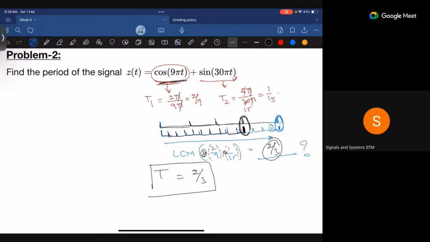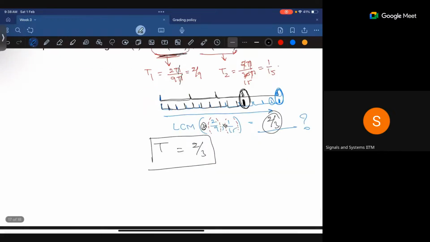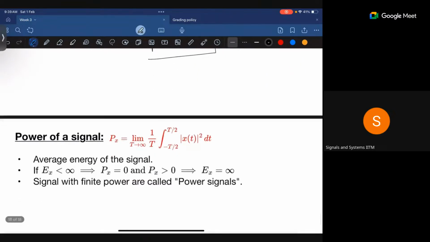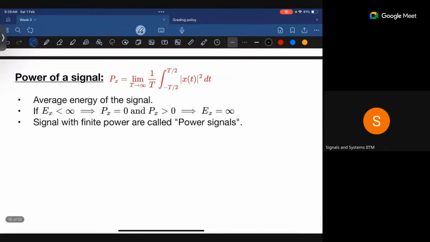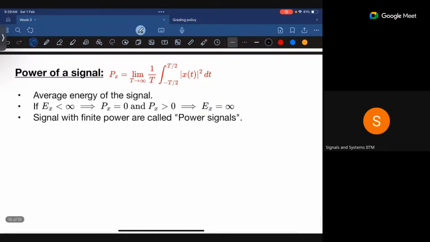Okay, so what is the mathematical representation for the average power of the signal x of t? I think it should be the power of the signal. Yes, it is the power of the signal actually. So we have to answer according to the power; take it as the power of the signal.